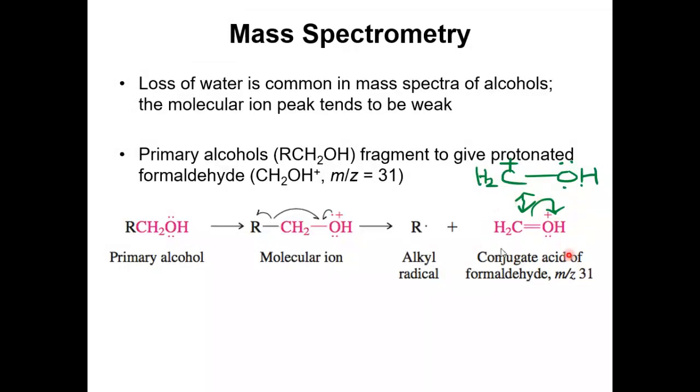But obviously, this form is of greater stability because every atom has an octet, and this form has one extra bond. This fragment has a mass to charge ratio of 31. So if we have a primary alcohol, they often have a pretty strong MS peak at 31 because of this fragmentation process.